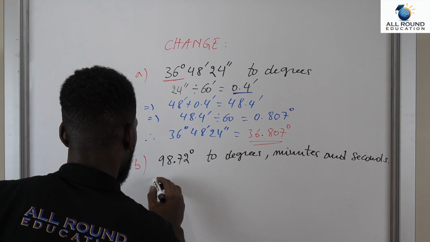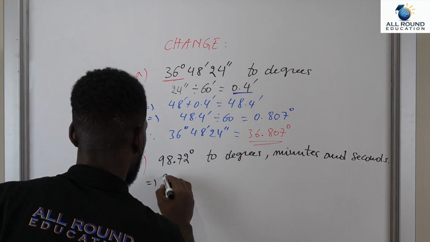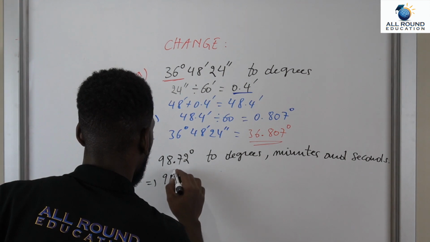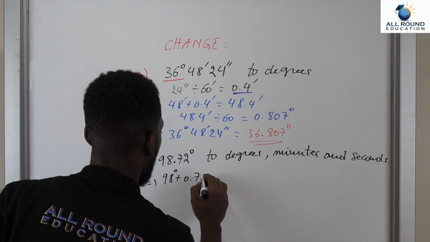So we're going to break this down as 98 degrees plus 0.72 degrees.